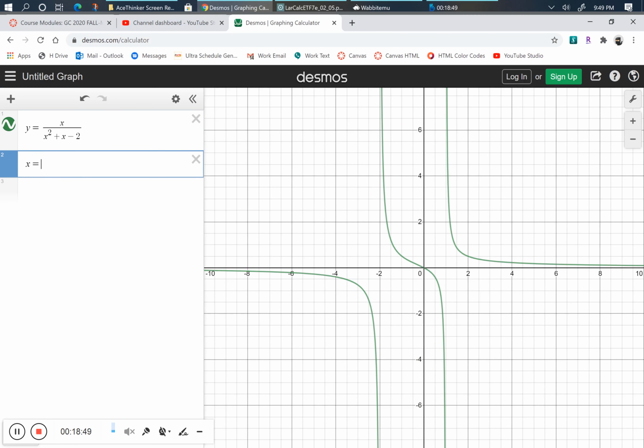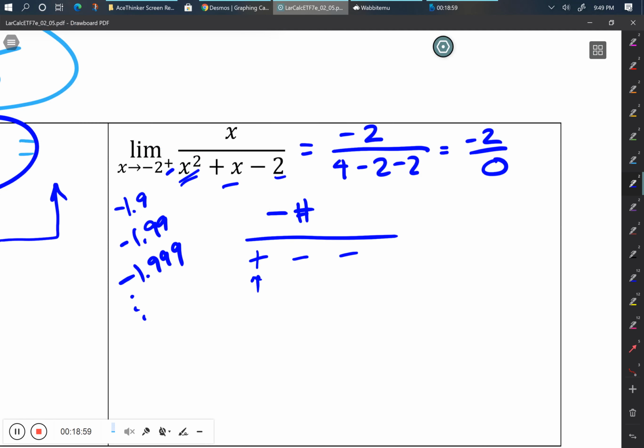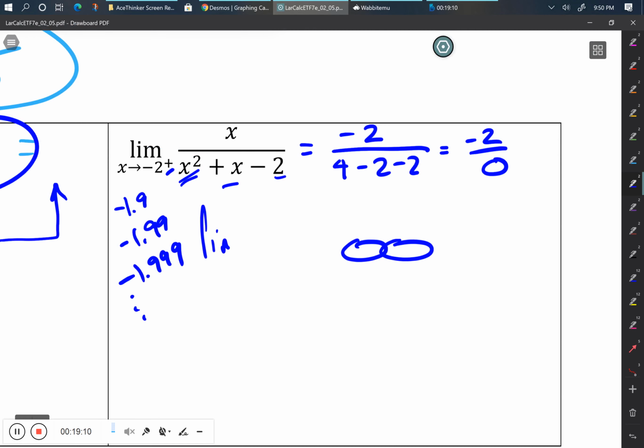So x equals negative 2. And we're talking about approaching from the right. So here. So where are we going? Positive infinity. So we would say that this graph has a limit of infinity. So the limit of x divided by x squared plus x minus 2 as x approaches negative 2 from the right is infinity.